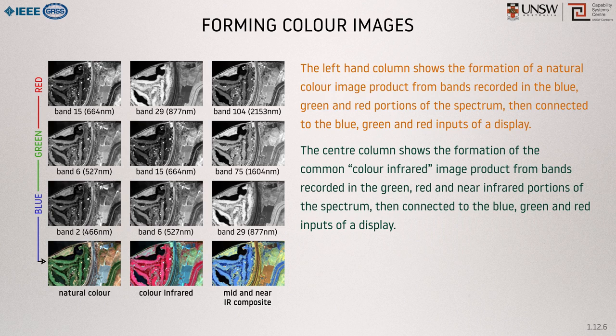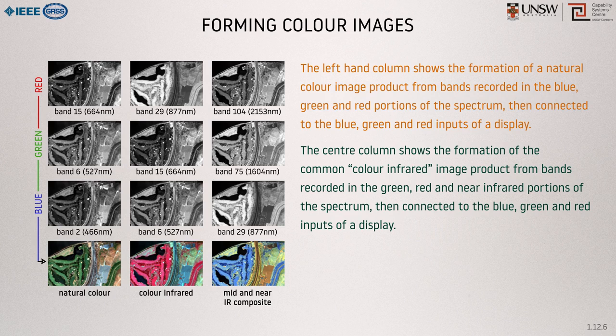In the centre column, we have created what is commonly called a colour infrared image. It is based upon the choice of bands long used in colour infrared aerial photography. A near-infrared band is displayed as red, a visible red band is displayed as green, and a visible green band is displayed as blue. Although this sounds unusual, it gives a very rich colour product in which healthy vegetation having a high near-infrared response shows as red, and bare regions show as shades of blue and green.